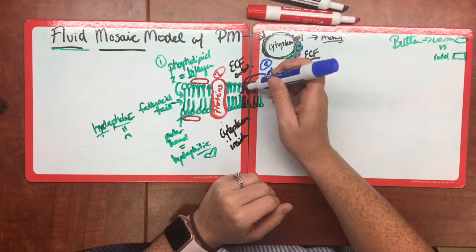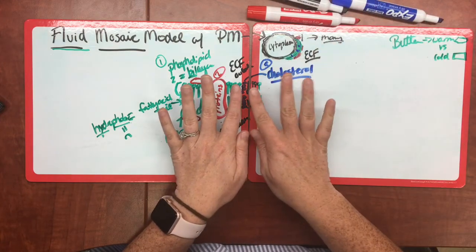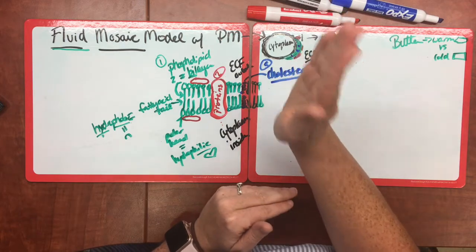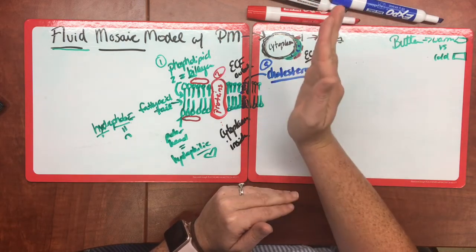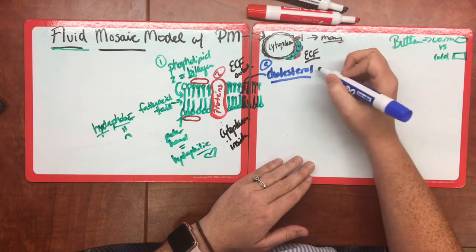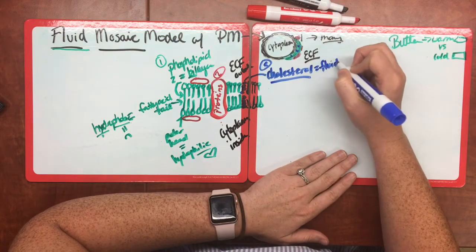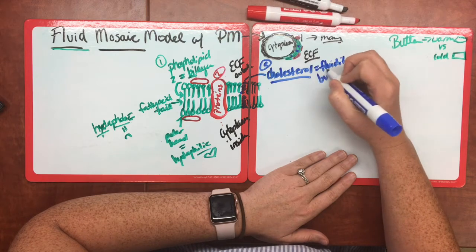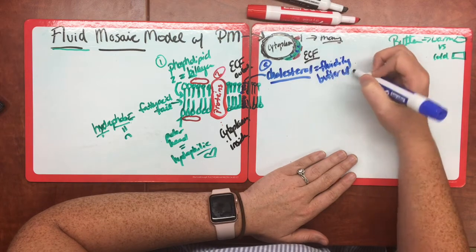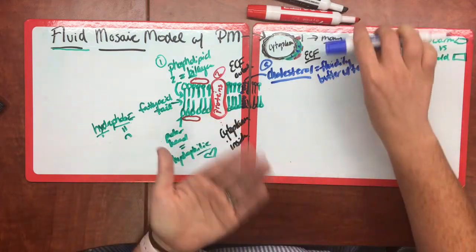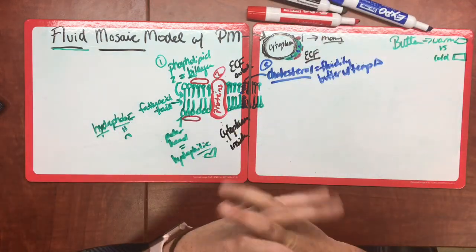They stick in between, so if these two guys on the side fell over, at least the cholesterol would be in the middle to build a frame or a support system. So the cholesterol is the fluidity buffer with temperature changes. When temperature changes, cholesterol is able to help the membrane out.